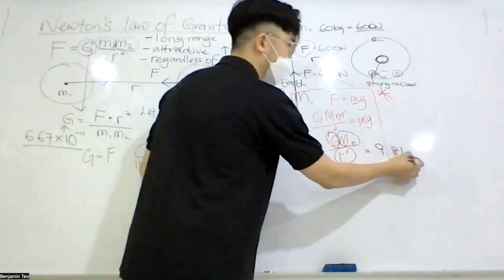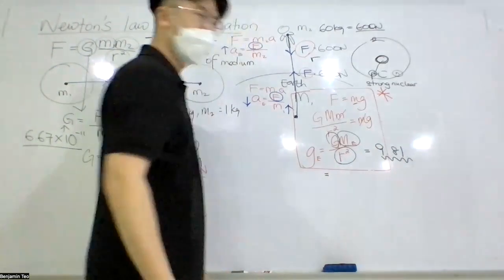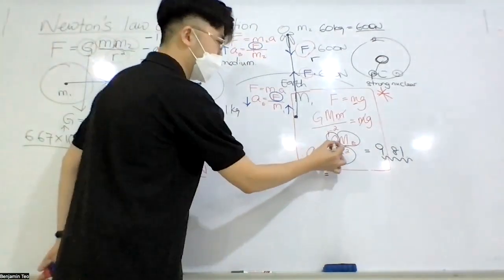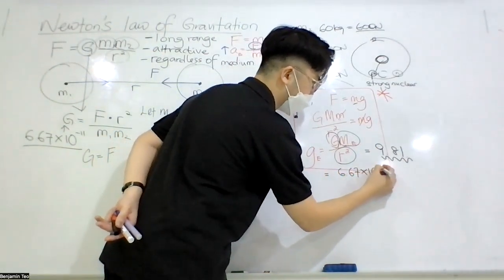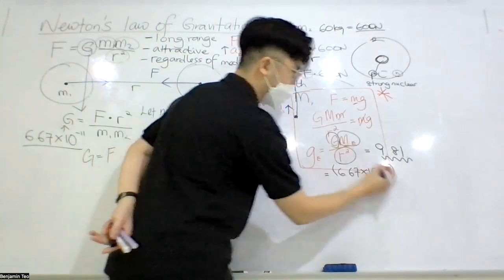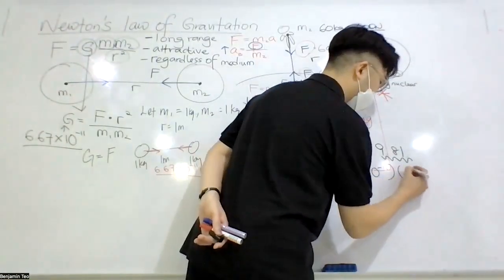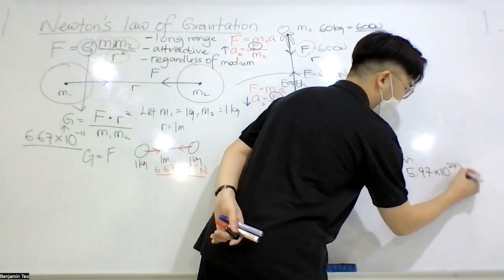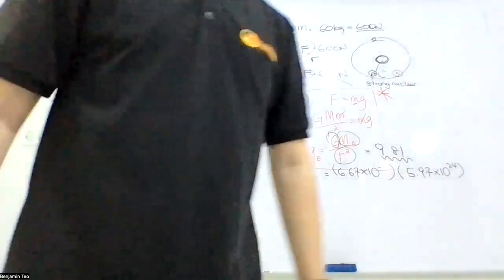Can we calculate this? How do we actually get 9.81? We can calculate using the formula. G is 6.67 times 10 to the minus 11, times the mass of the Earth. What is the mass of the Earth? Close to 5.97 times 10 to the 24 kilograms. Be careful when you use the formula, it is always in SI units.